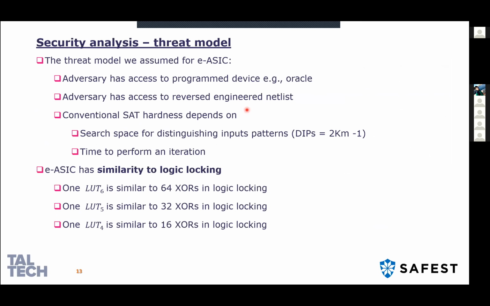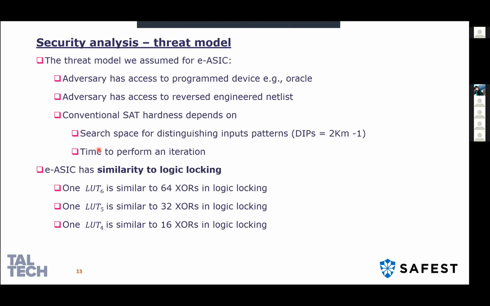We also assume that an adversary can reverse engineer the netlist, and they have access to the reverse engineered netlist. The conventional SAT attack hardness depends mainly on two things: the search space for distinguishing input patterns, DIPs, and the time to exclude one key or n keys in a single iteration.